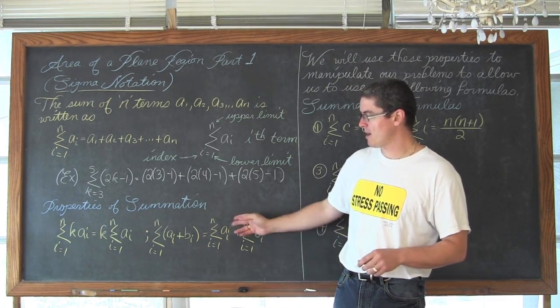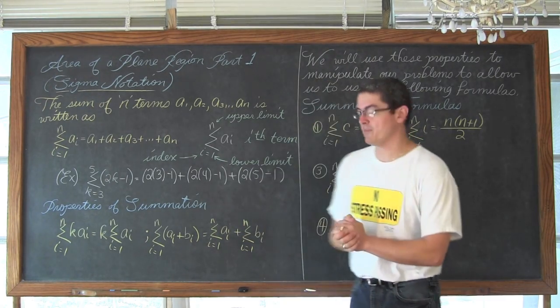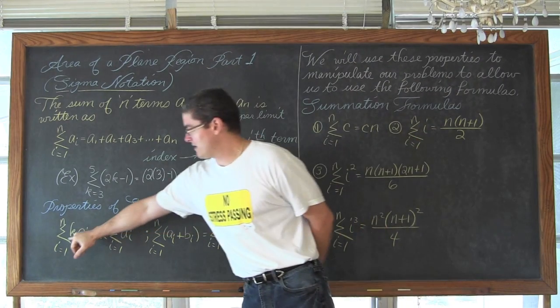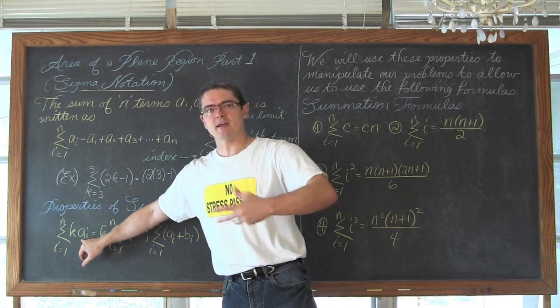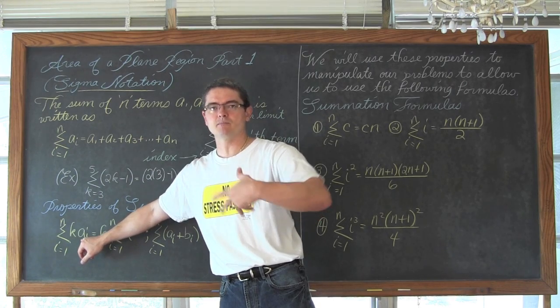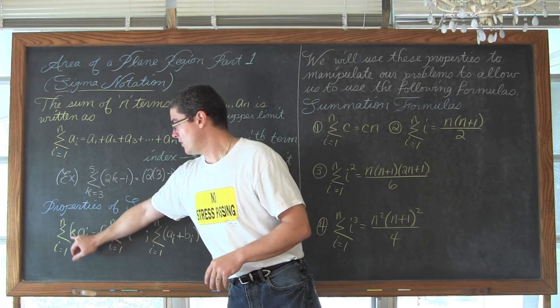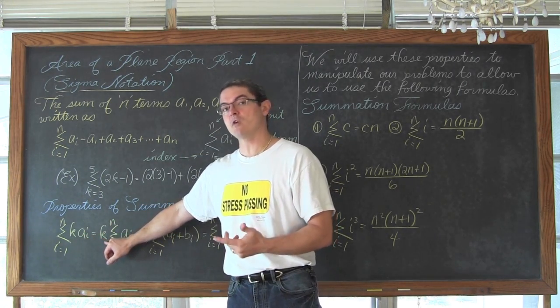Properties of summation. We're going to use these properties along with these formulas to do our examples in a minute. If you take the summation of a constant times a mathematical expression, we can take that constant and move it out front.